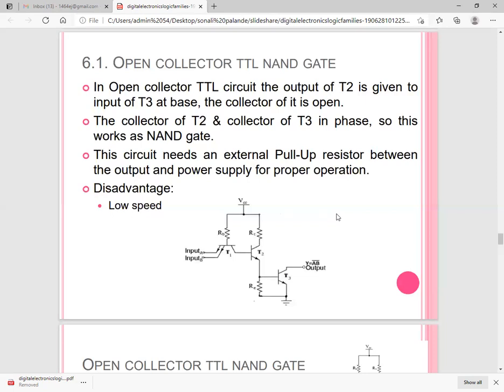The collector of it is open. The collector of T2 and collector of T3 are in phase. So this works as a NAND gate. This circuit needs an external pull-up resistor between the output and the power supply for proper operation. The disadvantage of this circuit is low speed.